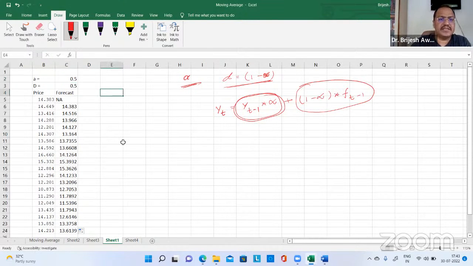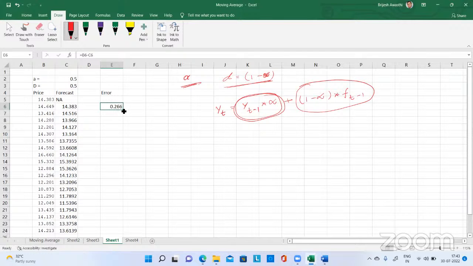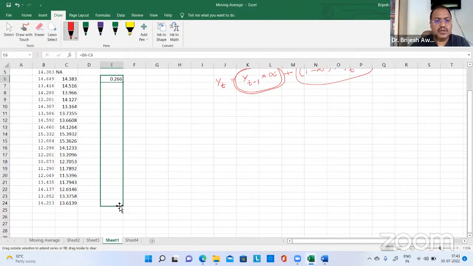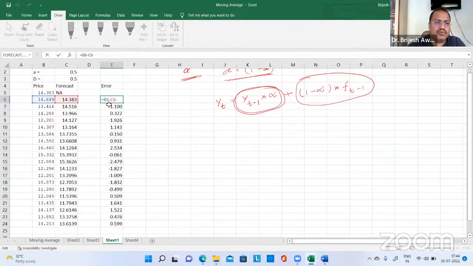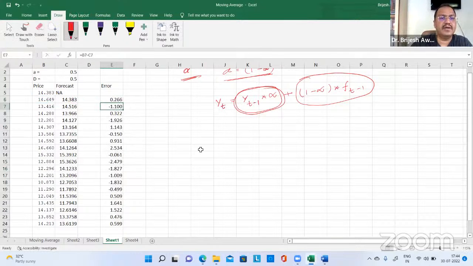My purpose is to calculate error. Error is basically your actual minus forecast. Because some errors are positive and some are negative, can I take the absolute value, ABS, so that I can ignore the sign?